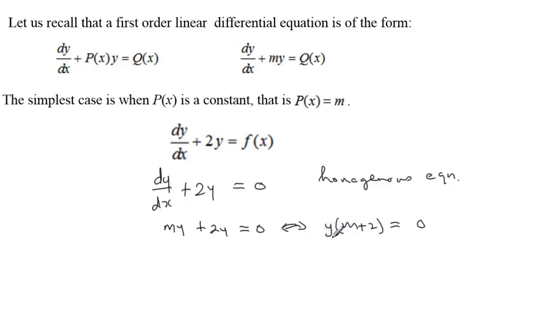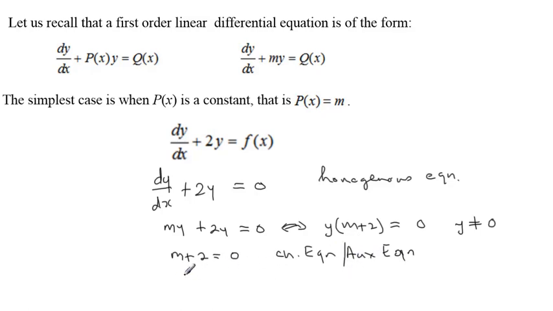This y is still the same solution of the equation. We always assume that y is a non-trivial solution, meaning that y is not identically equal to 0. So m plus 2 is equal to 0, which we call our characteristic equation, or some people refer to it as an auxiliary equation.